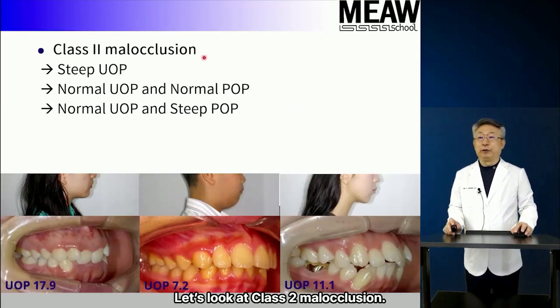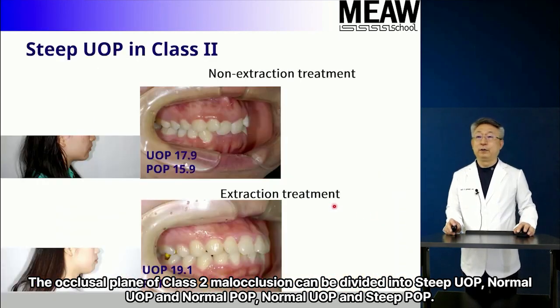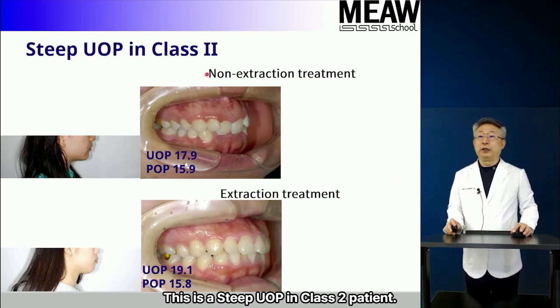Let's look at Class 2 malocclusion. The occlusal plane of Class 2 malocclusion can be divided into steep UOP, normal UOP and normal POP, and normal UOP and steep POP. This is a steep UOP in a Class 2 patient.